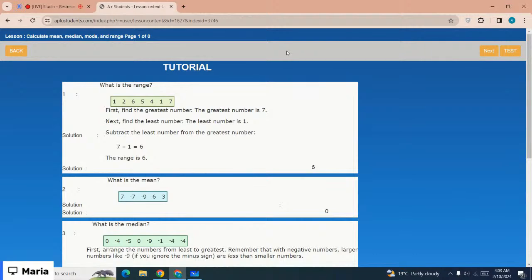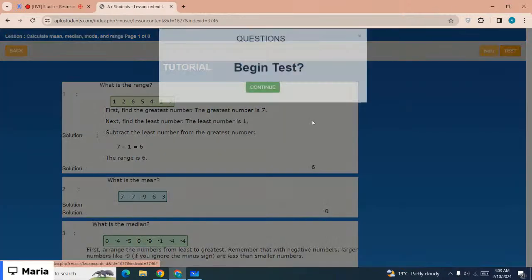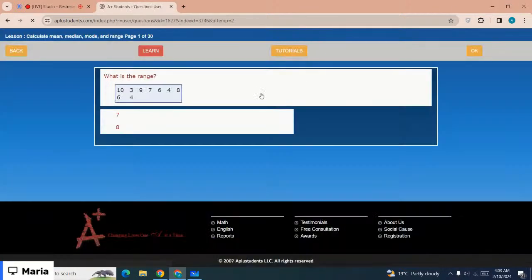Let's just start with the test questions. What is the range? We just did an example for the range. Basically, when you have to calculate the range, you need to find two things.